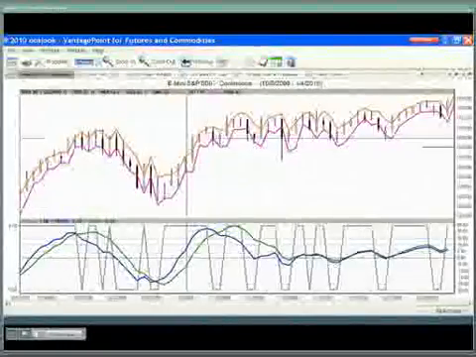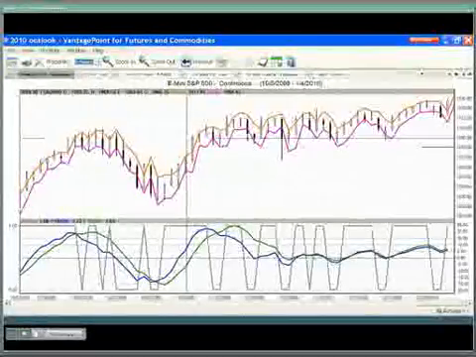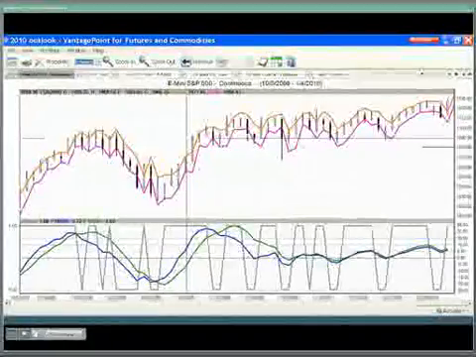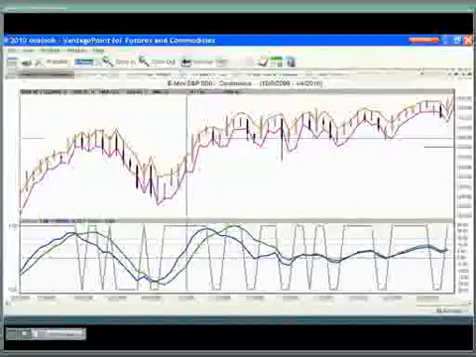I'm going to skip through some of the other markets. What we're going to do now is apply the indicators to all the charts. We should look at some of the other markets, and we're going to switch back to my screen and talk about it a little bit.